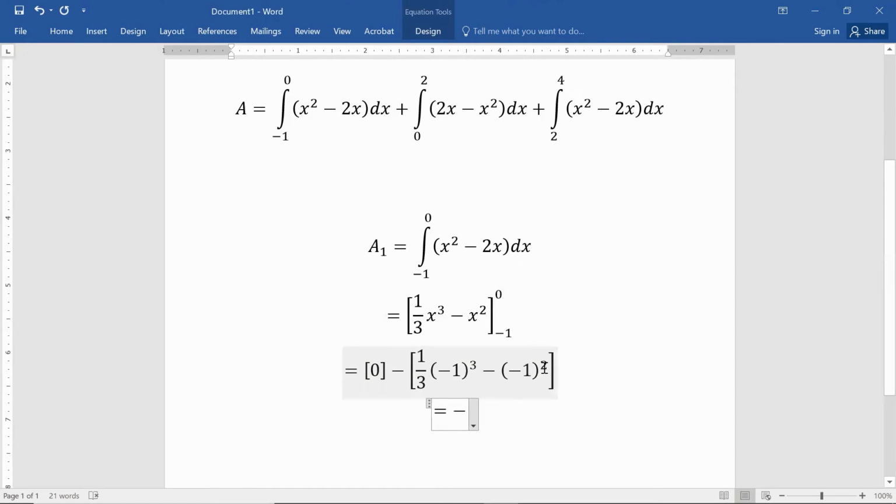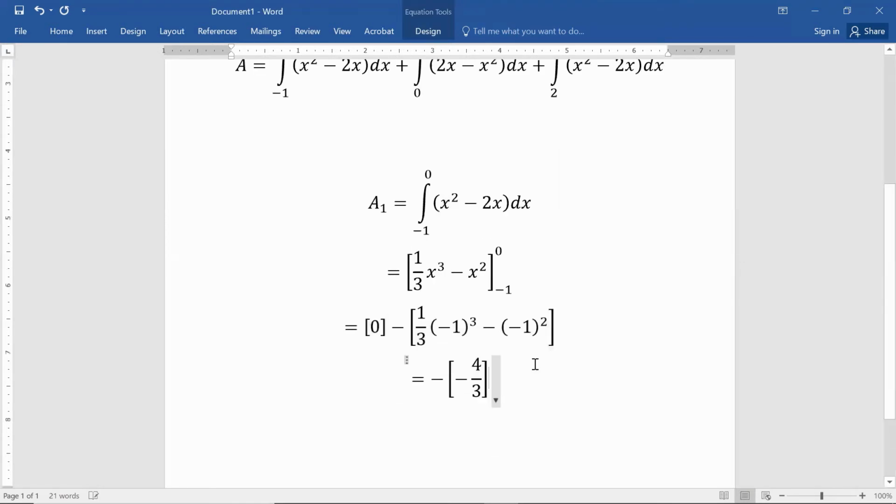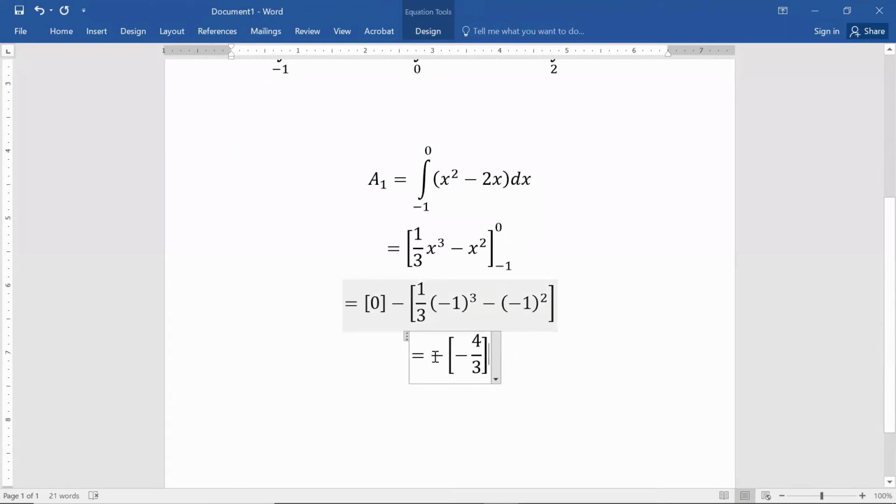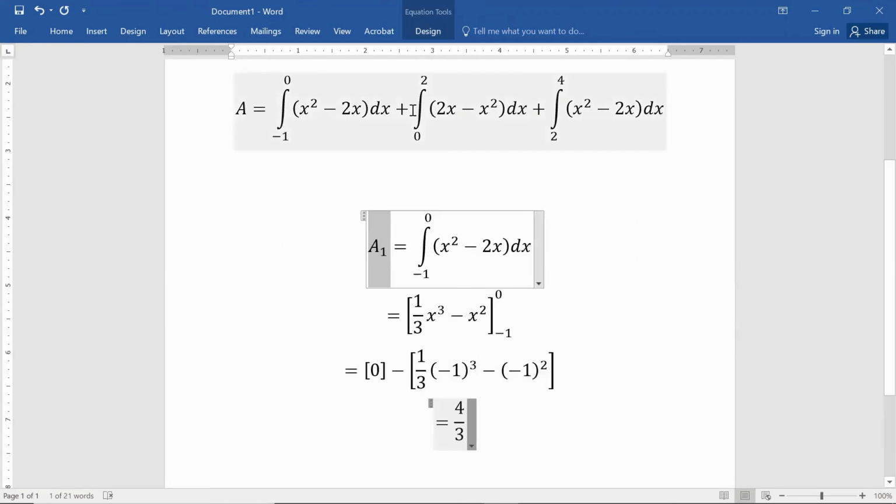That's a -1/3 minus a -1 squared. That gives me -1. I basically get minus -1 1/3 or -4/3. However you'd like to write that is fine. So the total area, since I have a negative of a negative, is 4/3 for area 1. That leftmost area is 4/3.